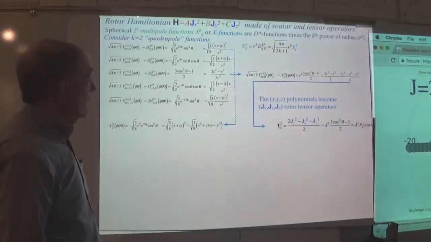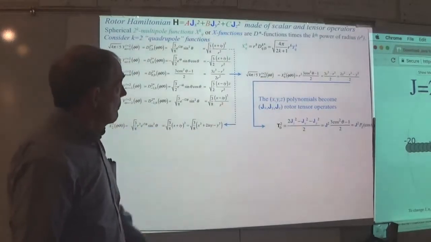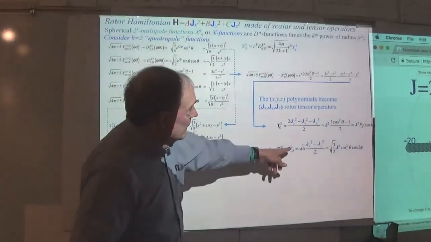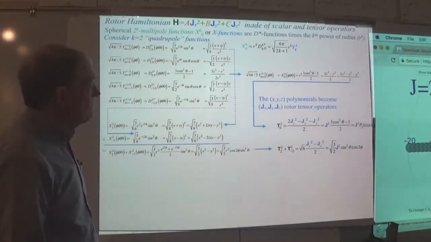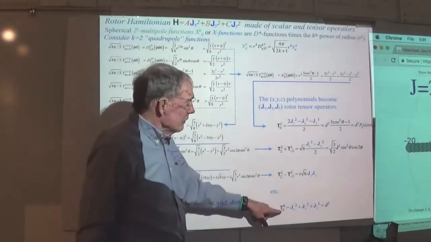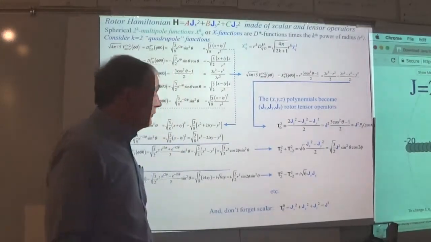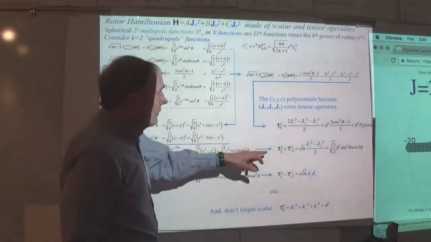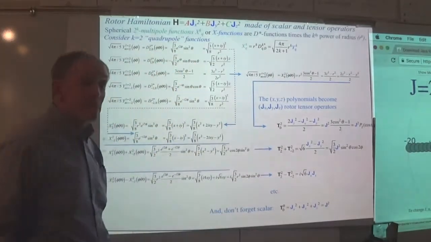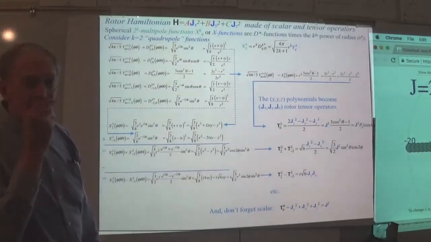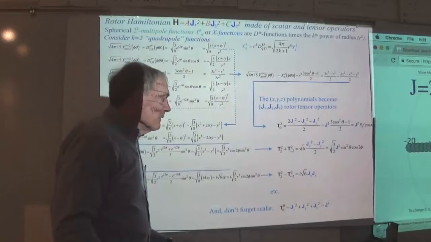That's 2, 2 right there. So I've got x squared and y squared that I have to play with. And so I make an expression like that. And you can keep going all the way down to T0,0, which is just the sum of the squares of J. Okay. And we use that one first, and then we use these guys. So here you're just denoting it as, the T stands for tensor of rank 0, right? That's what the T00 stands for.